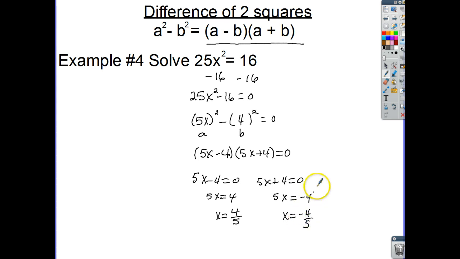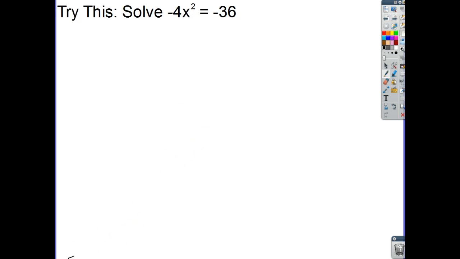Okay. Let's try one of these. Okay, well, remember we want to keep x squared positive, so x squared is negative where it is, so I'll decide to move it to the other side by doing the opposite, or adding 4x squared to both sides. What I get on this side is 0, and over here I get 4x squared minus 36.